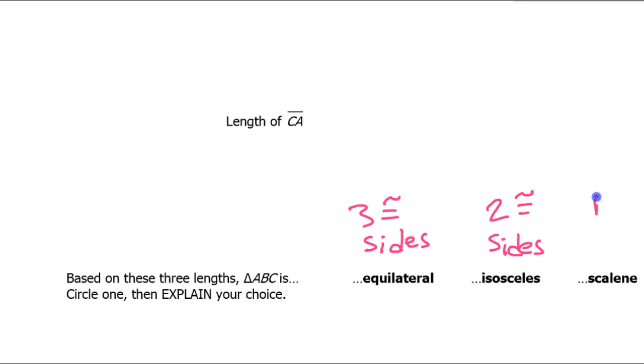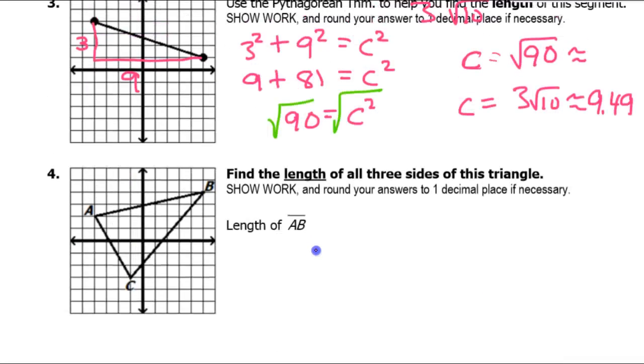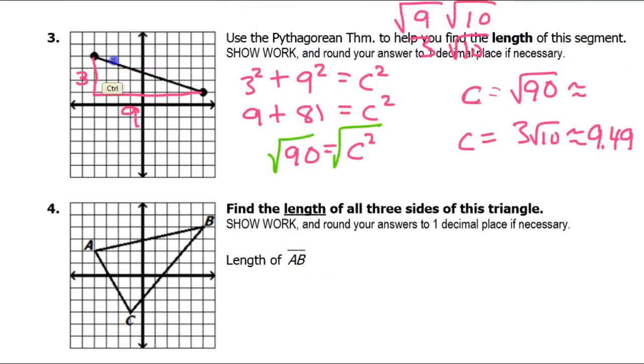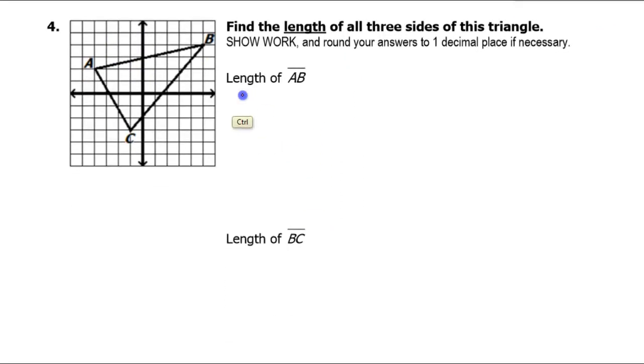And scalene means that we have no congruent sides. Keep that in mind. So in order to classify, we're going to need to know the lengths of these sides. And we can use this technique that I just showed you. We can use right triangles and the Pythagorean theorem to find the lengths of the sides.